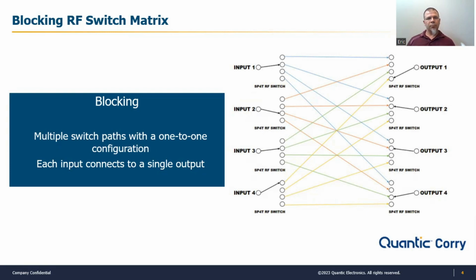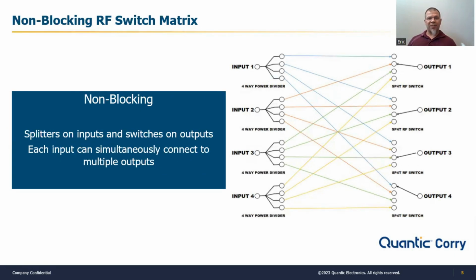So if one type of switch matrix is blocking, should we assume then that there are also unblocking matrices? Well, that's a good lead-in. Thank you. Yes, there are non-blocking type matrices, and following the diagram there, you can see this one is a fan-in type non-blocking matrix, because on the left-hand side, what you can see are 4-to-1 splitters on those inputs, and they can then be routed to the outputs.